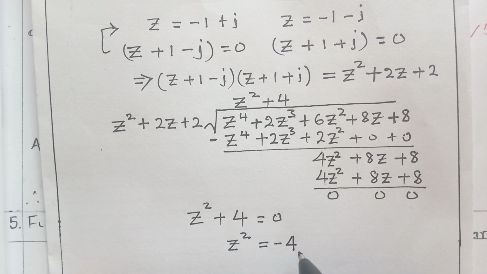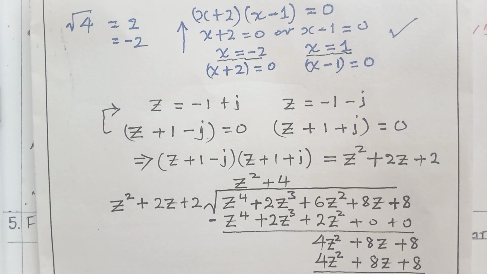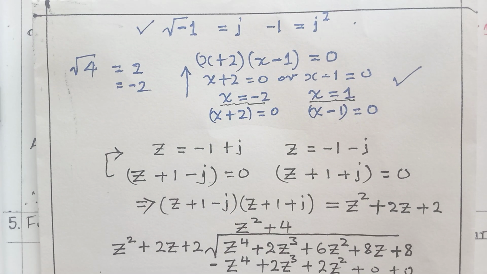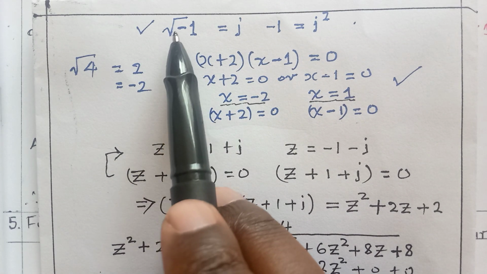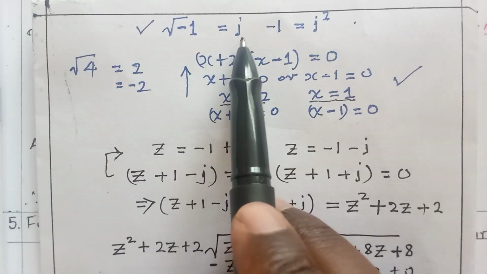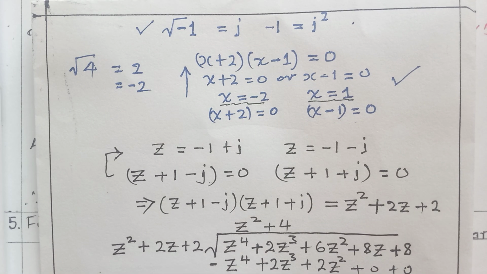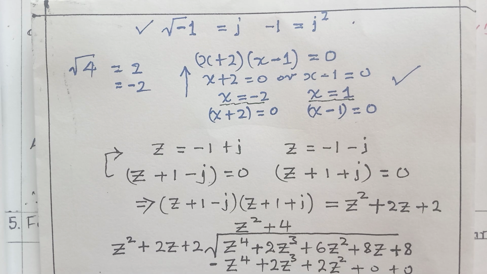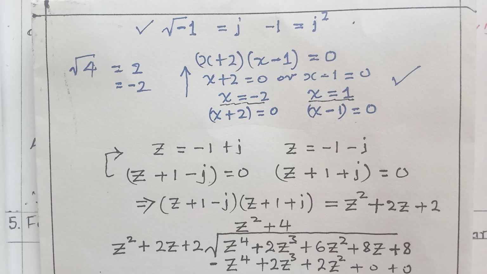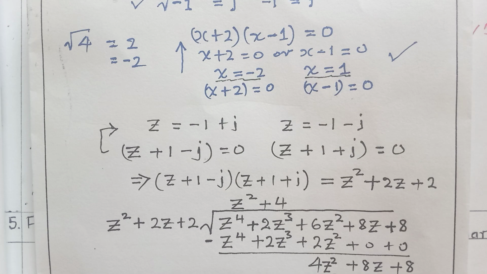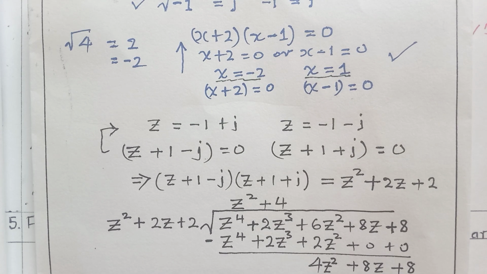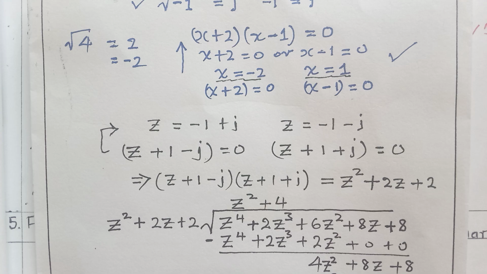But guys, from this where we are saying square root of negative 1 is equal to j, we are going to apply it here because we're going to have square root of z squared. We are going to have square root of negative 4. And this one can be written as square root of negative 1 times square root of 4, like that.